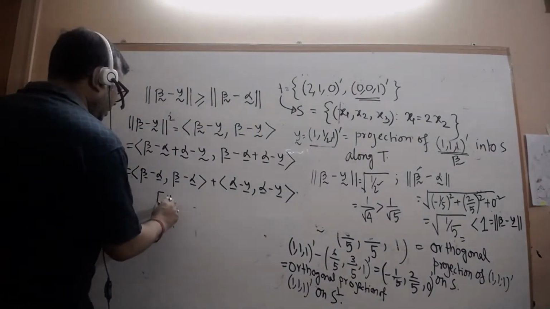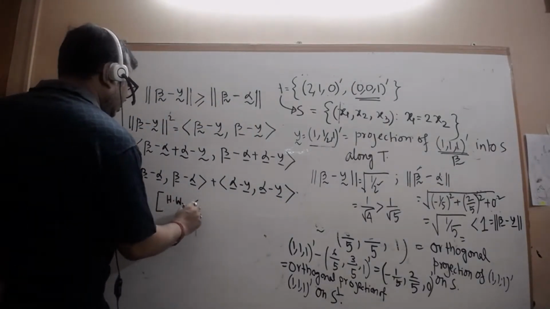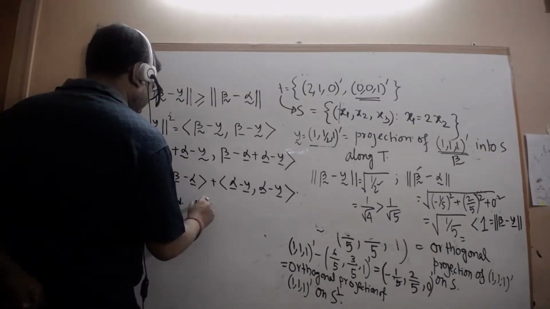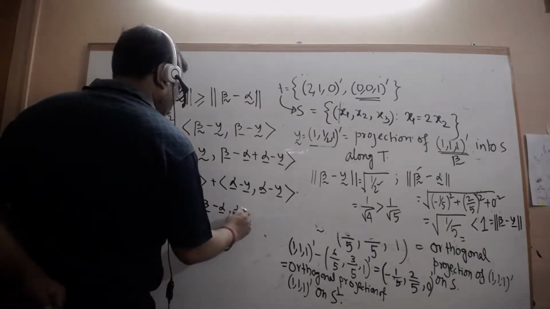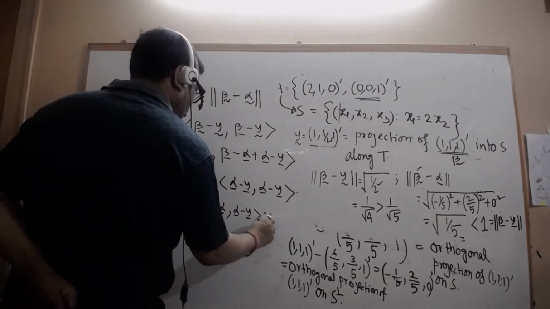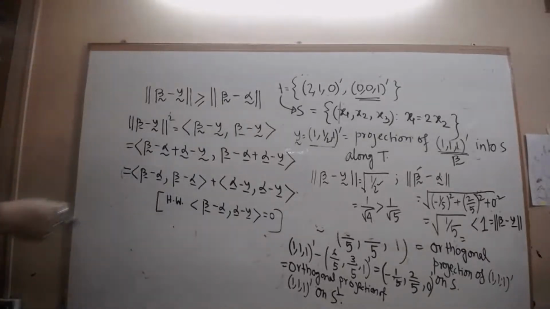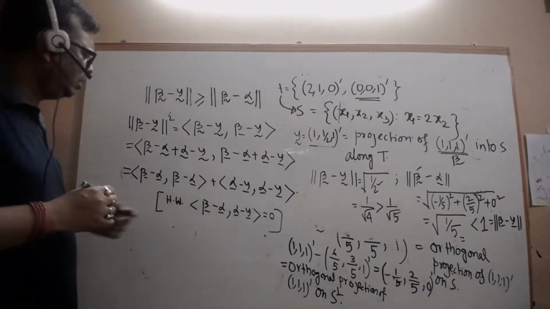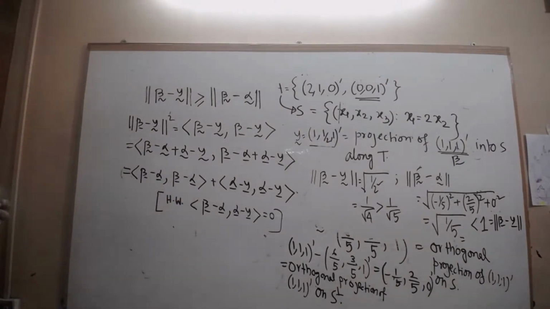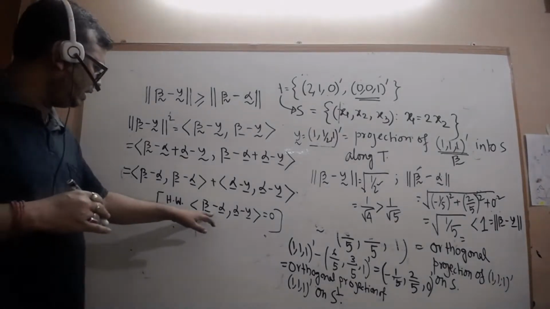This is your homework. You can easily check that beta curve minus alpha curve, this vector does not belong to S. So this gives you the beta curve minus alpha curve.